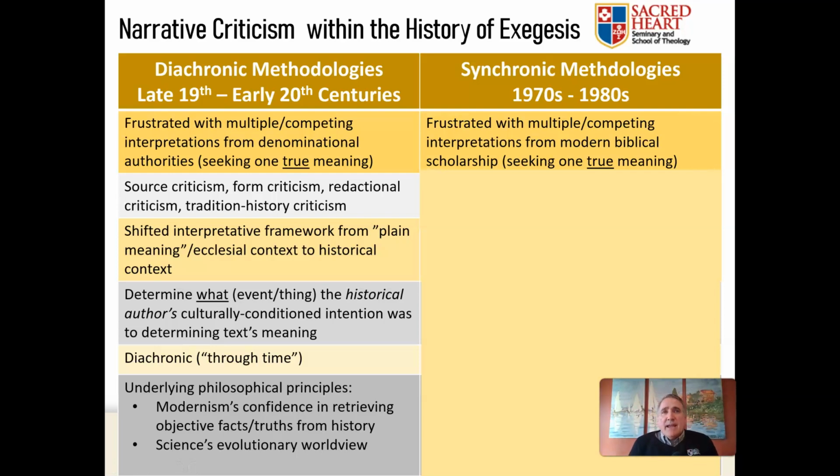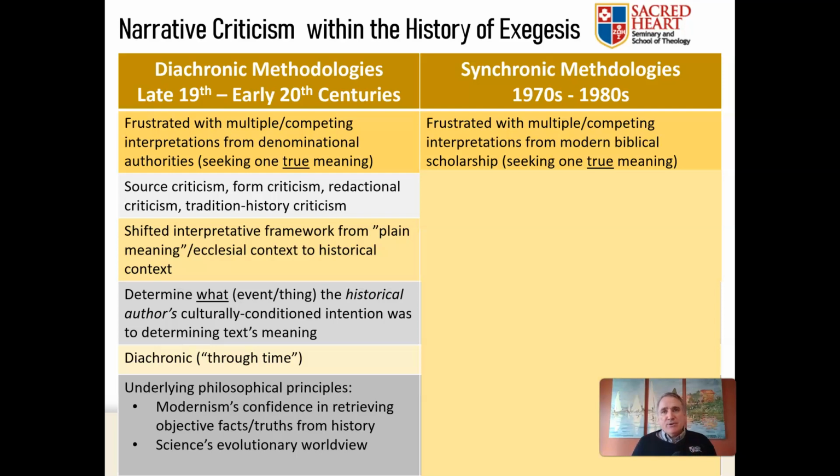Well, they had the same frustration, the frustration with multiple competing interpretations, but not because of denominational lenses that seem to dictate what the understanding of the text was, but rather because, from modern biblical scholarship, one of the frustrations explicitly identified in that 1970s, 80s period was this: if you looked at historical critical scholars' interpretations and exegetical work, they came up with a plurality of understandings of what the one meaning was.